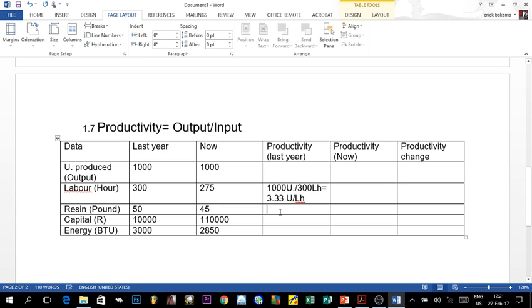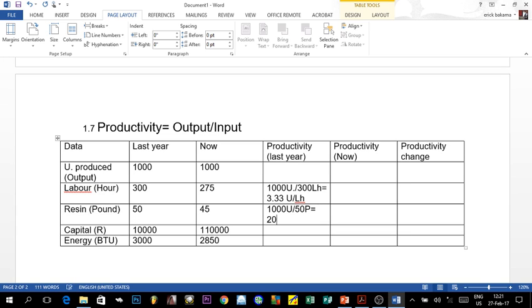So when it comes to the quantity of resin that they used, it's still 1000 units. Then we divide by our 50 pound, and the value is 1000 divided by 50, which gives us 20. So we have 20 units per pound used. Then for the capital that we used, it is still 1000 units that we're going to divide by 10,000 rand.